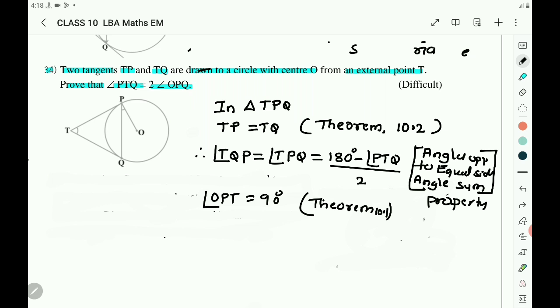Then you take this angle. Angle OPQ is equal to angle OPT minus angle TPQ. Angle OPT means 90 degrees, so you write 90 degrees minus angle TPQ.